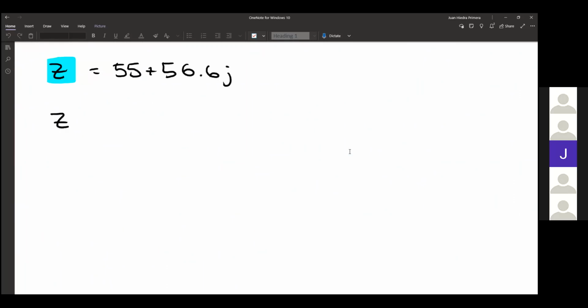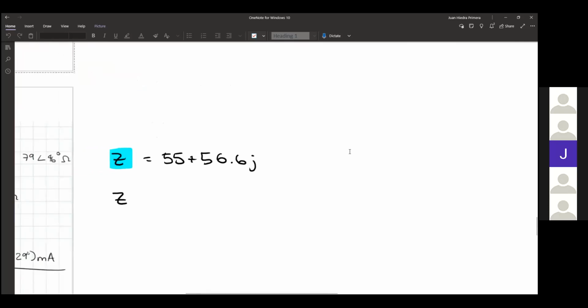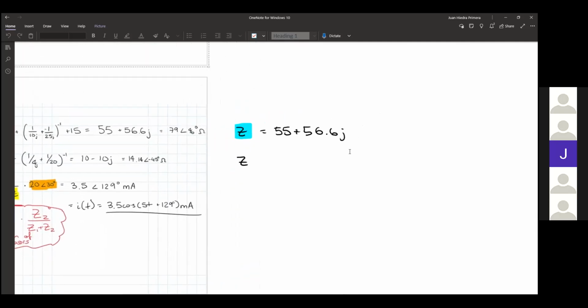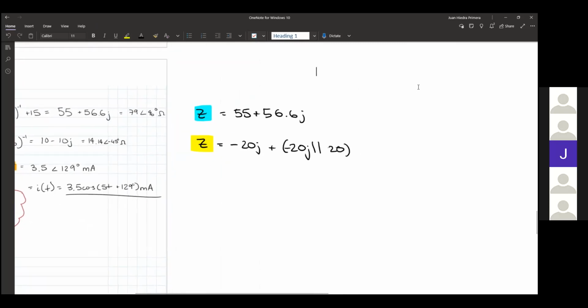Have you guys seen this notation? Like using, for example, resistor 1 parallel resistor 2? Oh, it's not loading. Okay, just give it a second. Sometimes it takes a second to refresh. Oh, yeah. Have you guys seen this notation for parallel? Okay, excellent. I'll just be using that then.